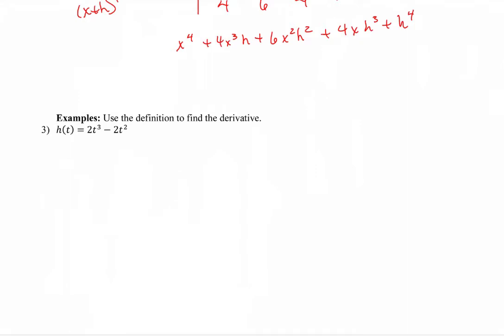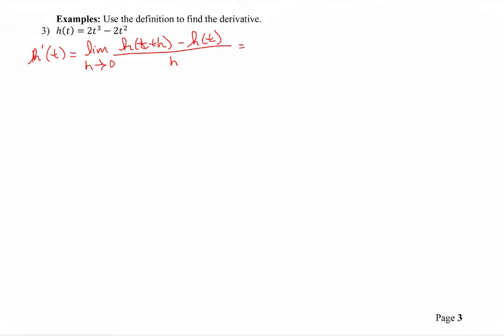So the first function we're going to find the definition of derivative for is script h of t. So script h prime of t equals the limit as h goes to 0 of script h of t plus h minus script h of t, all over h.